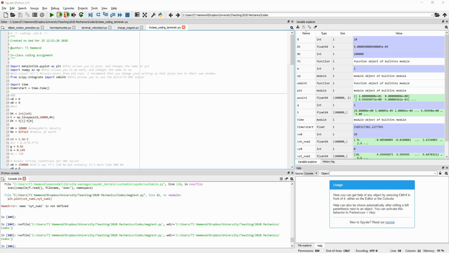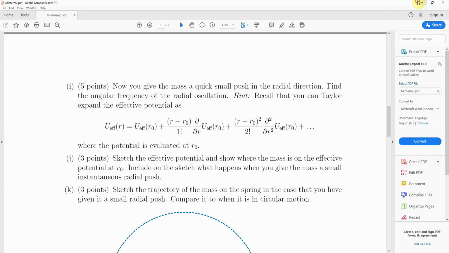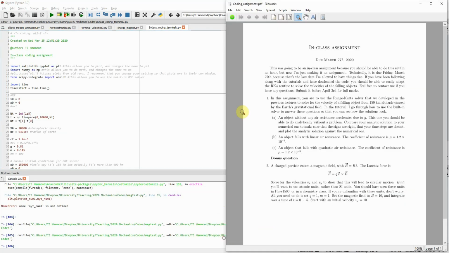So I've now posted, I'll just bring that up. Oh, here it is. The assignment, the first question is basically just working on what we've already discussed, having an object that just falls from space. So in part A, you can easily solve the analytic solution just to test your code.